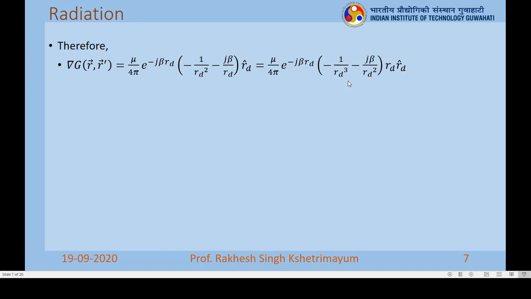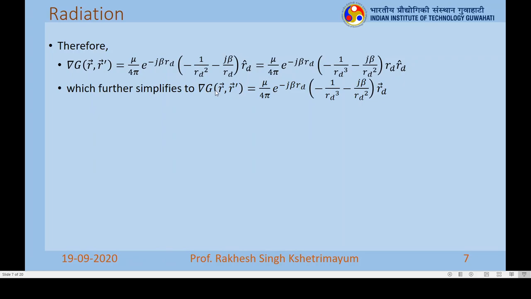This first term will become RD cube and the second term will become RD square. So this term here you see is RD hat, this is the RD vector. So the expression you have for the gradient of G will be like this, with the RD vector here.